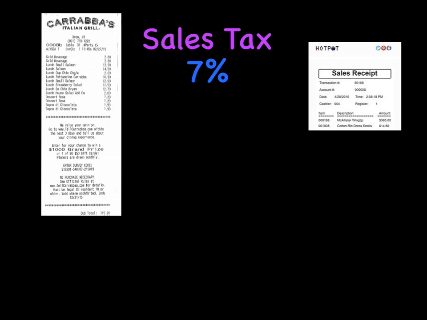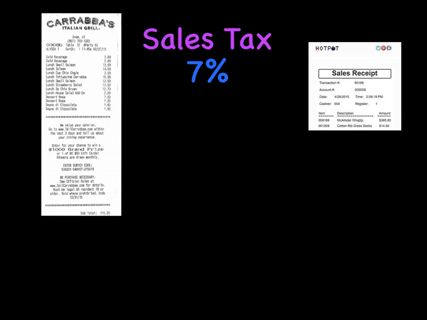If you look at this Carrabba's Italian Grill receipt, you can see that the total for the meal was $115.20. Well, they're going to add on the extra sales tax.